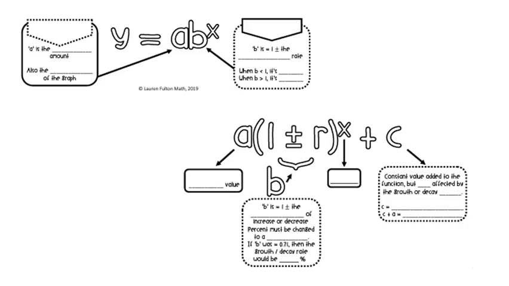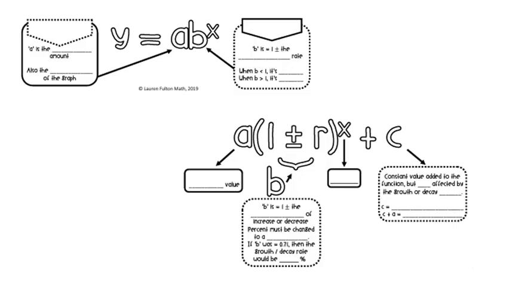Now, sometimes you see an exponential equation that looks like this one. The a again represents the same thing, the initial amount. B, in this case, is represented by this whole thing here.